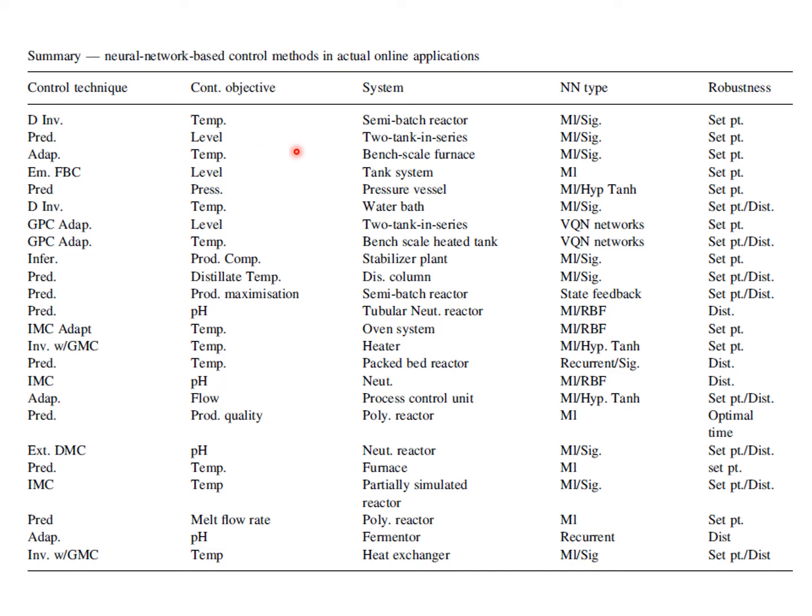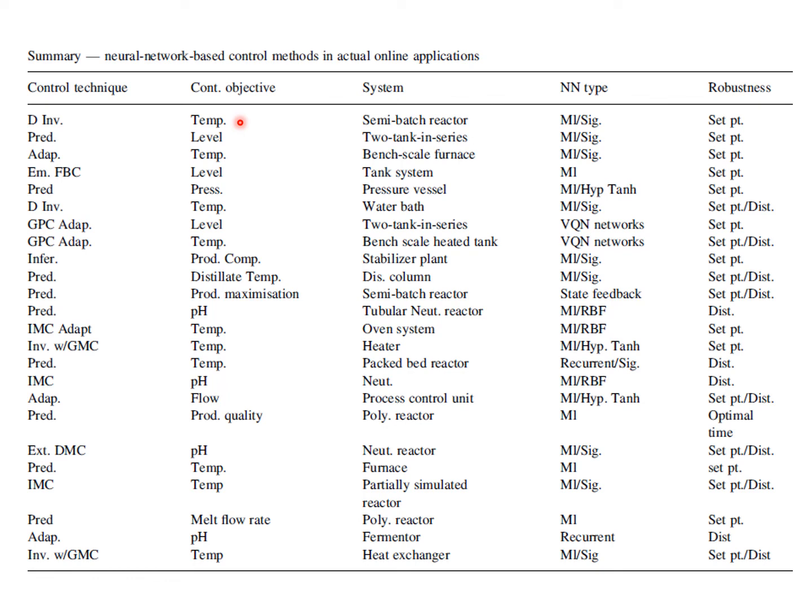But at the end of the day, what is important is that the neural network has to be robust, to be able to cater for disturbances, model mismatch and some noise, after making sure that it works on the set point. On the set point itself, it's not that easy for a nonlinear system.